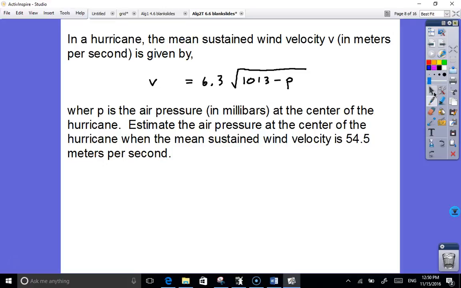So what does that represent, the P or the V? It's the V. So you put in 54.5 equals 6.3 times the square root of 1013 minus P. Okay, so now you have to solve it.